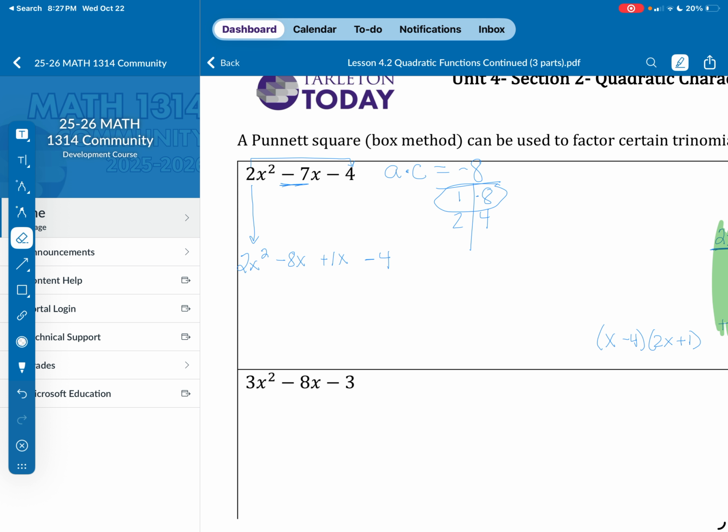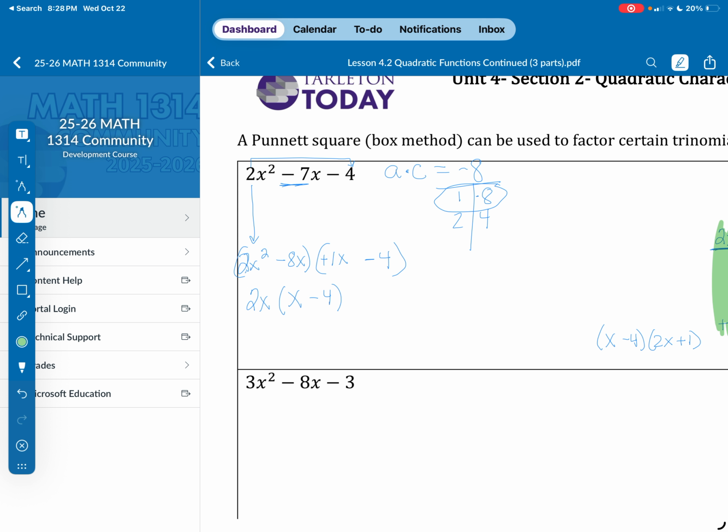Okay, so now I'm going to do my parentheses. Okay, and so 2x squared and negative 8x have a 2x in common. So 2x squared divided by 2x gives me x, and negative 8x divided by 2x gives me negative 4. Okay.